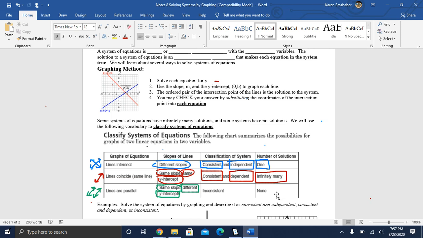And so these types of lines are called inconsistent. They never have a solution. They never are going to intersect. So as you go through a few of your problems, they'll be asking you about these vocabulary terms. Please refer back to this table.